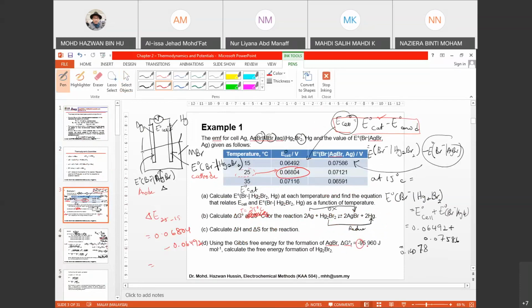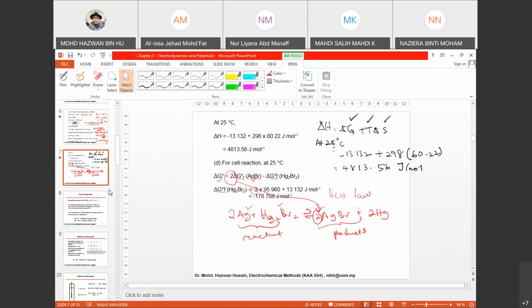Okay, so just to tell you earlier that the minus value is actually coming from the delta G formation. You can write it even here, like 2 multiplied by negative 95,960. So this one is going here, and this one is going here.